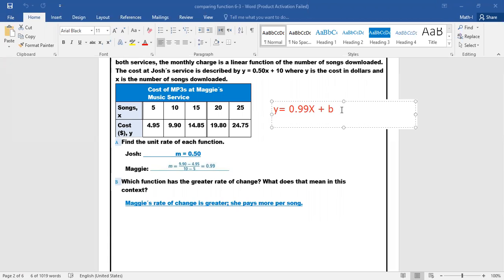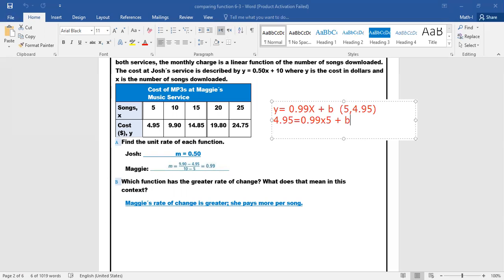We will choose any ordered pair from the table, like 5 and 4.95. Then we replace 5 and 4.95. This is the value of x and the value of y. So it will be 4.95 equals 0.99 multiplied by the value of x, which is 5, plus b.